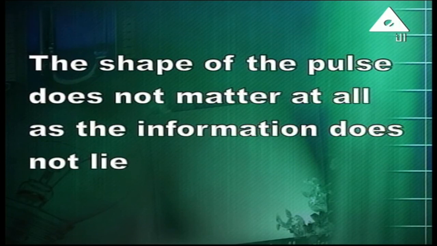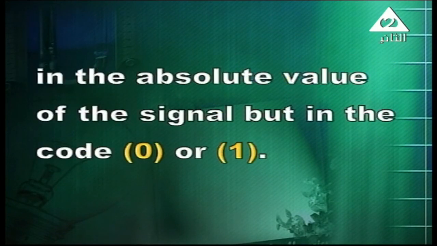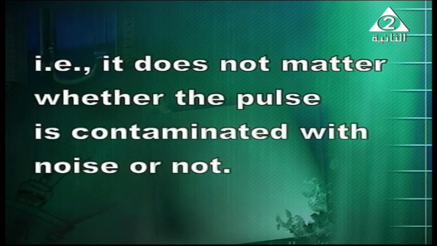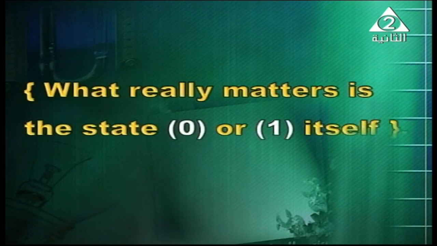The information does not lie in the absolute value of the signal, but in the code 0 or 1. That's to say, it doesn't matter whether the pulse is contaminated with noise or not. What really matters is the state itself, state 0 or state 1.